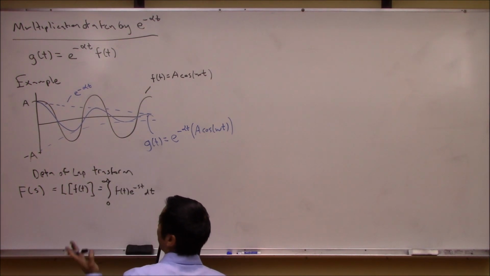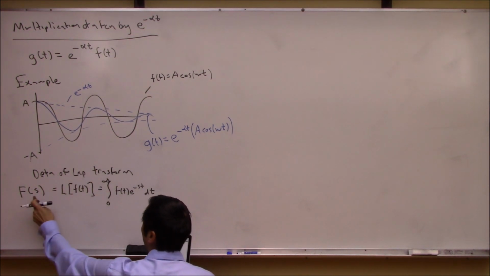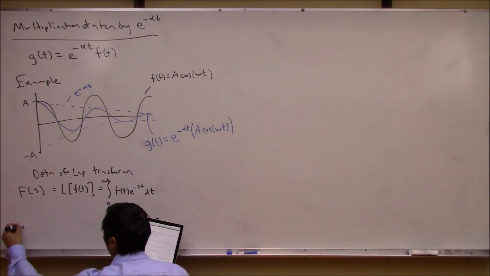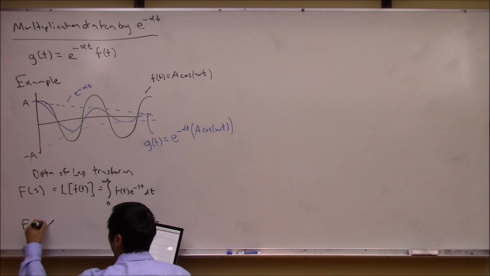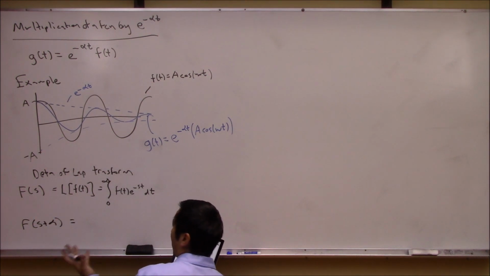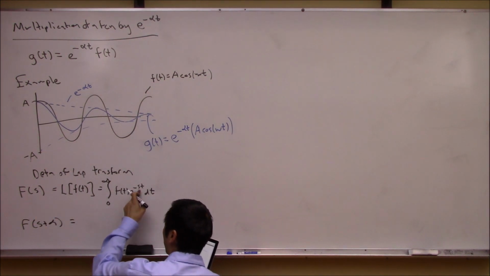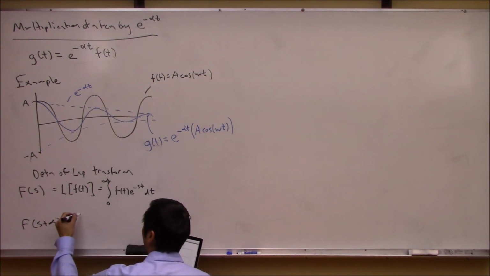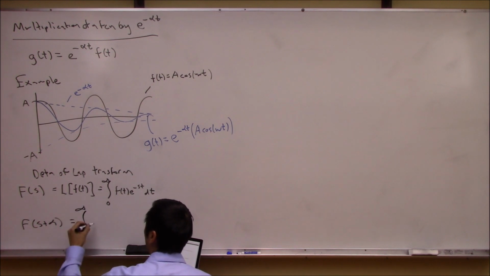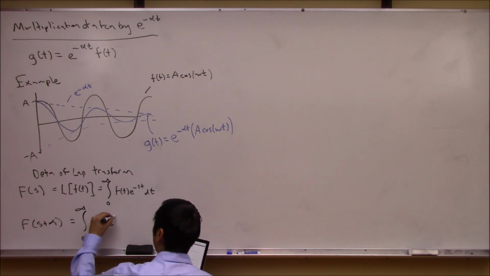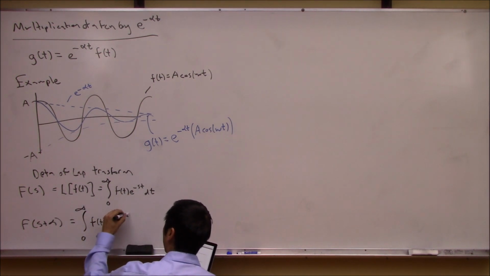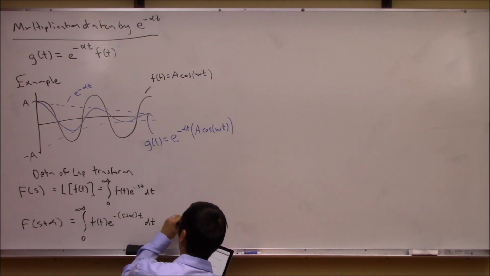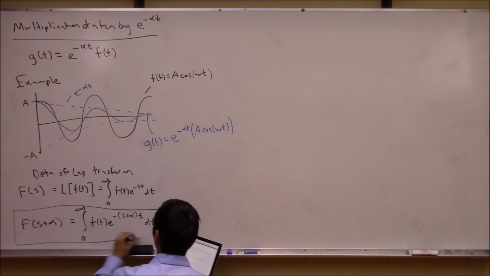We should pretty much immediately follow that, instead of using the variable s as the input argument, how about I use s plus alpha? In other words, I want F of s plus alpha. The way you get that is you take everywhere you see an s and replace it with s plus alpha. So on the right side, this now becomes the integral from 0 to infinity of f of t e to the minus s plus alpha t dt. Let's box this up and call this equation 1. We're going to use this in a second.